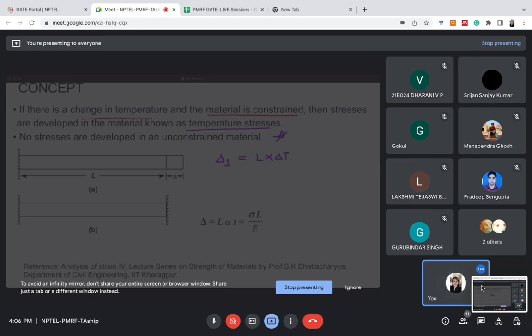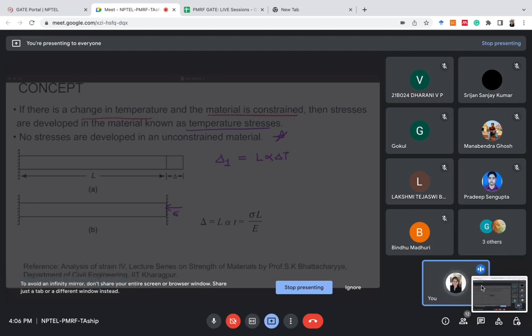Let us see another case in which the same bar has supports at both the ends, and the temperature of the bar is increased by the same delta T. In this case, stress will develop in the bar. We'll call it sigma. The value of stress will be such that the deformation due to this stress sigma balances the deformation due to temperature.